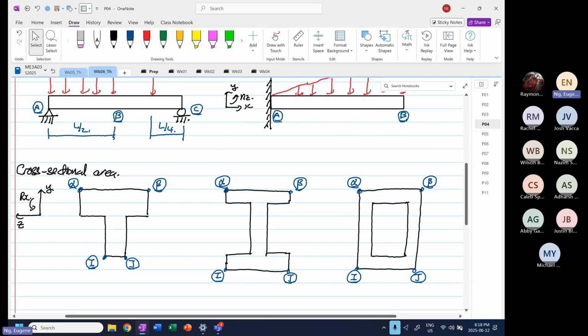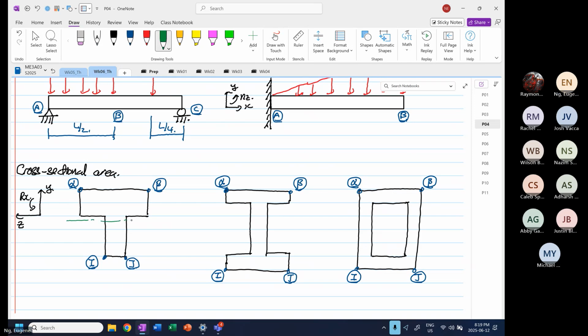Okay, and then the next one, I'm going to sketch the centroid, okay? The geometric centroid. Okay, so over here, this is the geometric centroid, right? Over here is exactly at the center, geometric centroid. Over here, this is the geometric centroid.